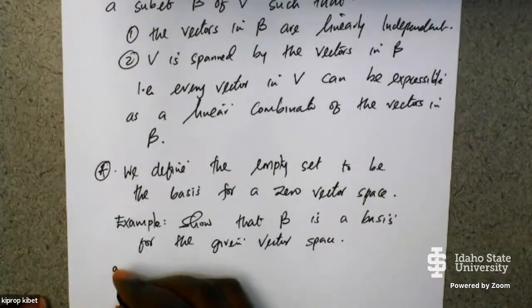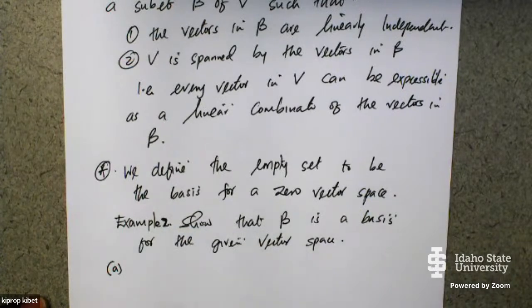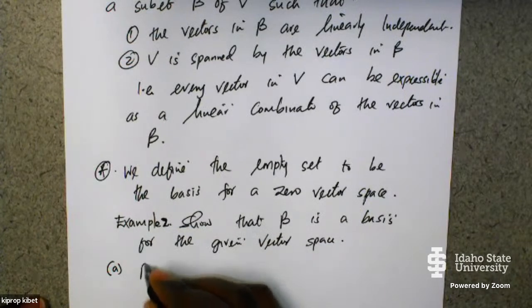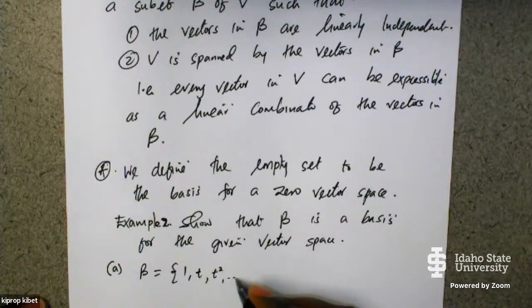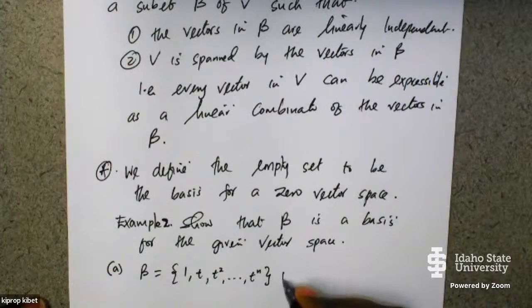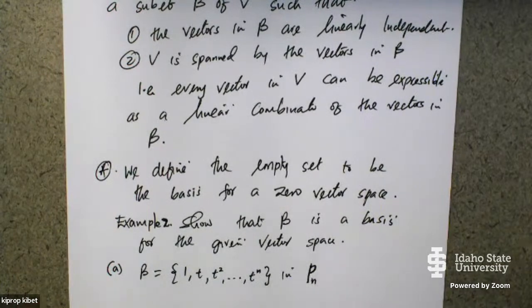Number A: B equals 1, t, t squared, all the way to t^n, in the polynomials with real coefficients.